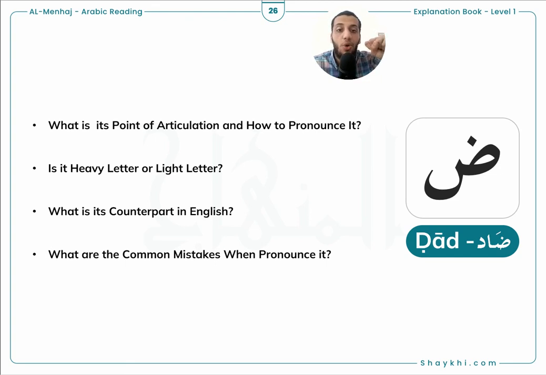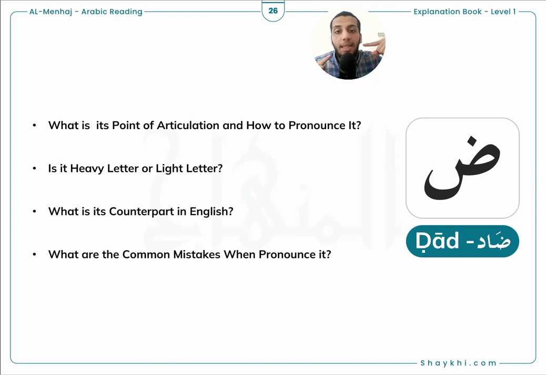Also, Allah subhanahu wa ta'ala says in the Holy Quran, فَقَدْ ضَلَّ سَوَاءَ السَّبِيلِ.